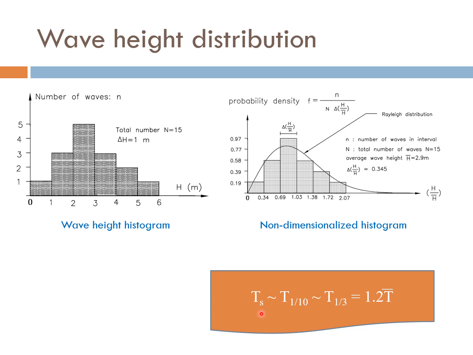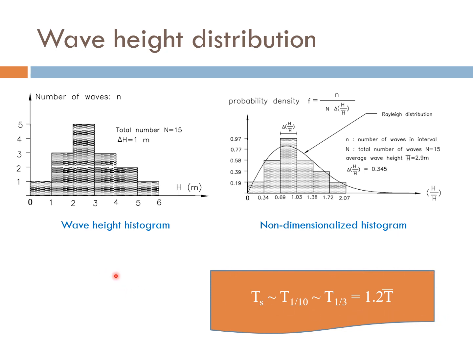So in most records or most observations, the significant wave period is usually quite close to the top 10% wave period, and they are usually about 1.2 of the average wave period. So this is the rule of thumb, right?